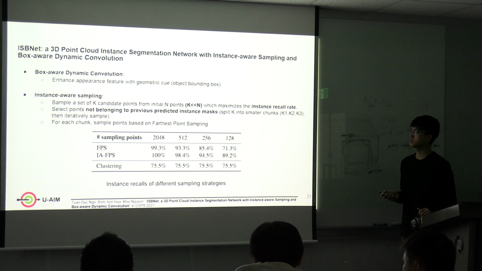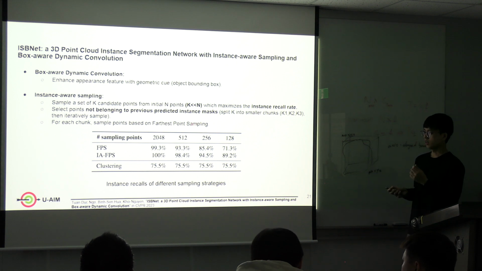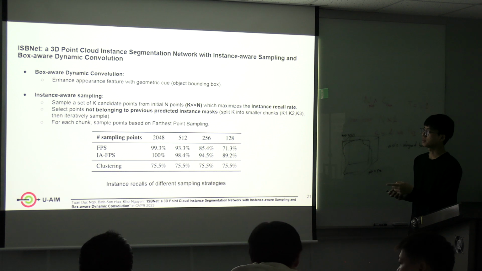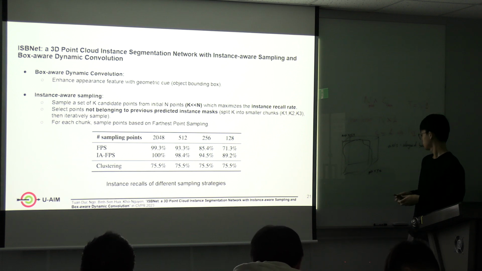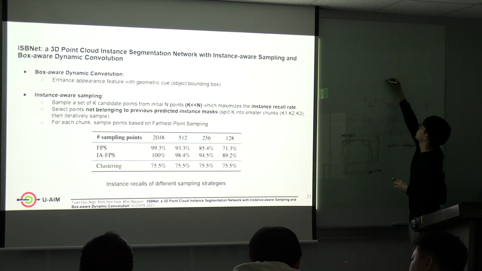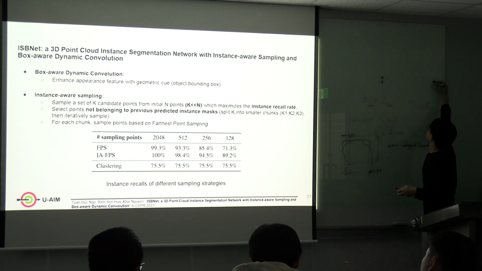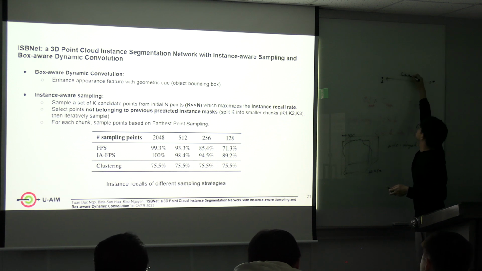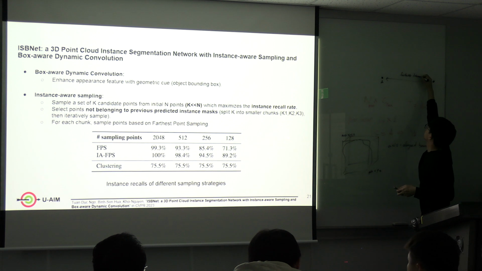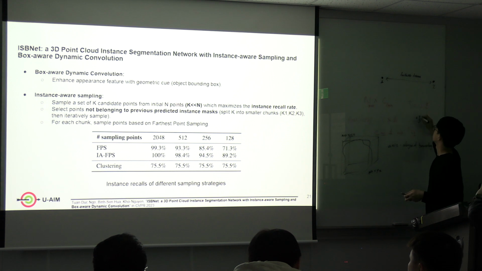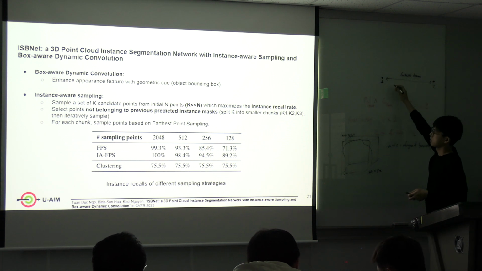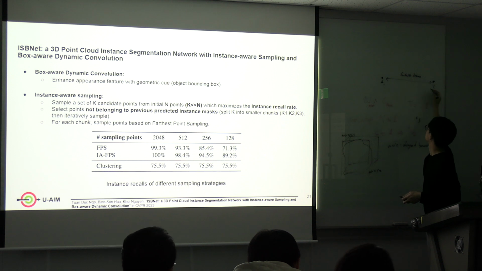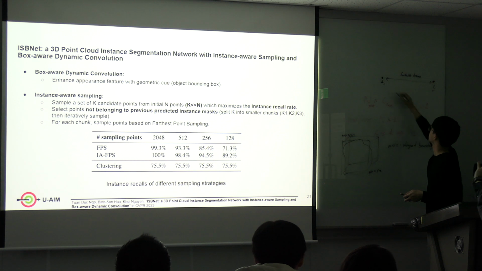The farthest point sampling is the technique where the next point that you sample will be the farthest point from the previous points. Like the first one you sample this point, and the second point you will get is the farthest distance from the first point, and the third point you will get is the farthest point from the previous points here, 1 and 2. So the third point will be the farthest.